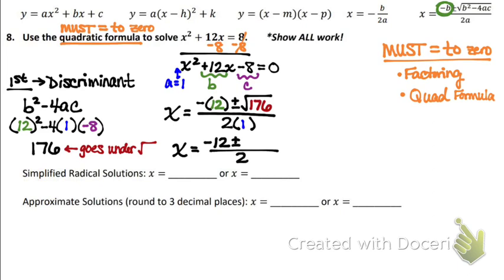Do you guys know the square root of 176 just off the top of your head? Yeah, I don't either. Let's try to break it down. Square root of 176. That's a pretty big number, but something I notice about it is that it's even. What has to go into it if it's even? 2.